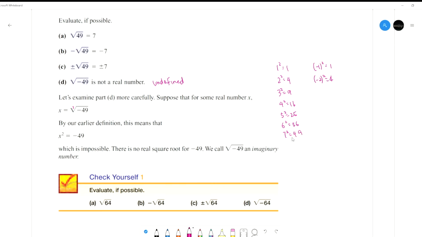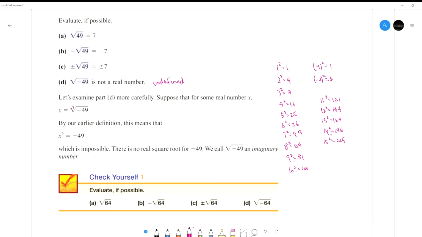I'll just write up to here: 64, 9 squared, 81, 10 squared, 100. Everyone should know these. Then we have 11 squared, 121, 12 squared, 144, 13 squared, 169, 14 squared, 196, 15 squared, 225.